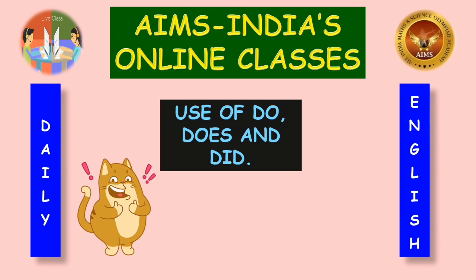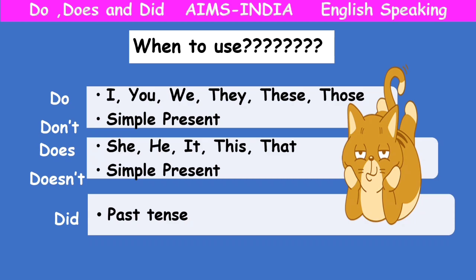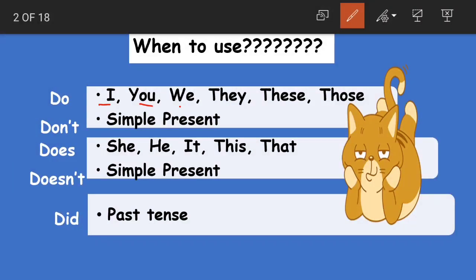Okay children, as it is there in this picture, when to use do, don't, does, doesn't, did. And you will also have didn't. When you come across words in sentences like I, you, we, they, these, those, then we have to use do and don't.